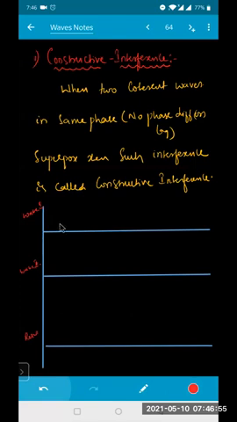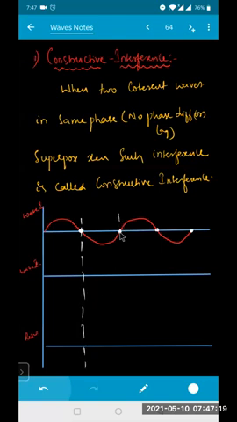Say the first wave is like this, 1, 2, 3, 4, 5, something like this. And this is a point of what? Node. This is the node, and this is also your node. So if I take the points of the nodes here like this. And here is one more wave like this.